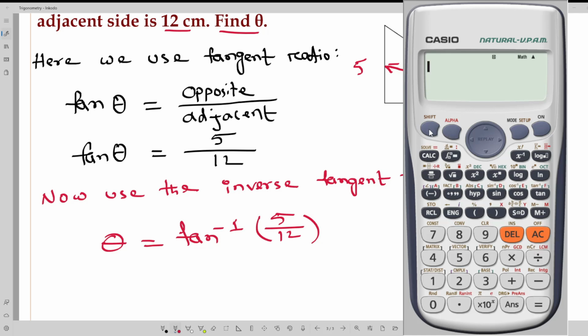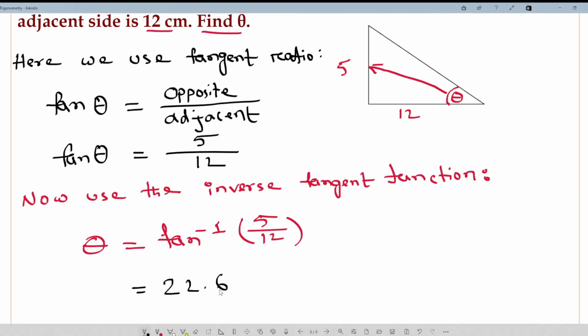First we press shift, then tan inverse, the value is 5 divide 12, we close the bracket, and the answer is 22.62, similar to the previous one, 22.62 degree. Okay, this is our answer.